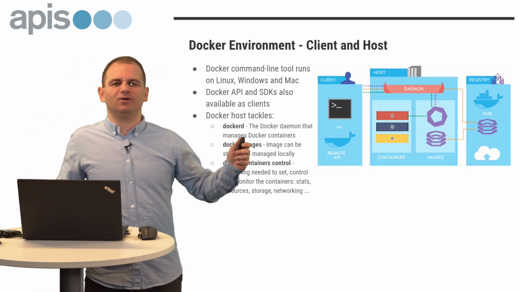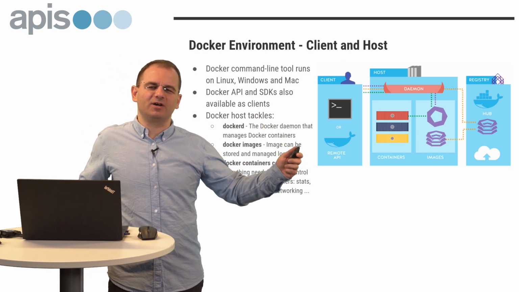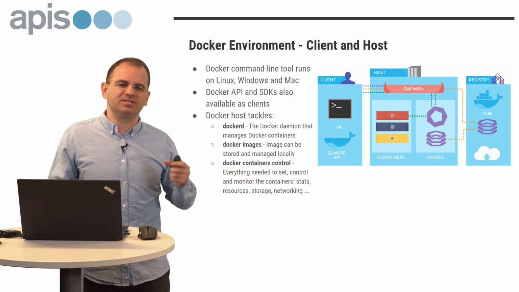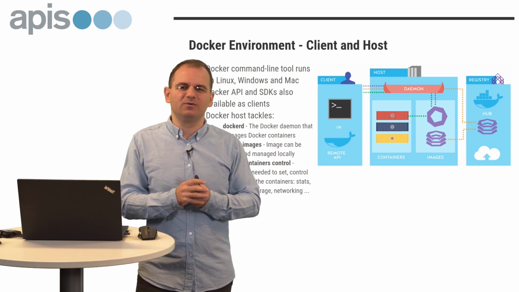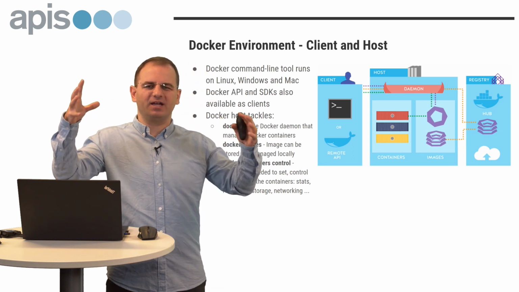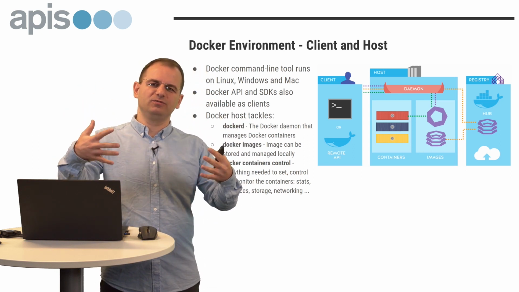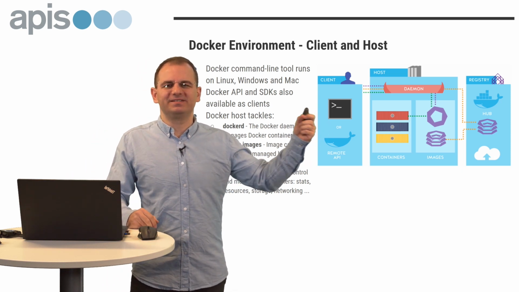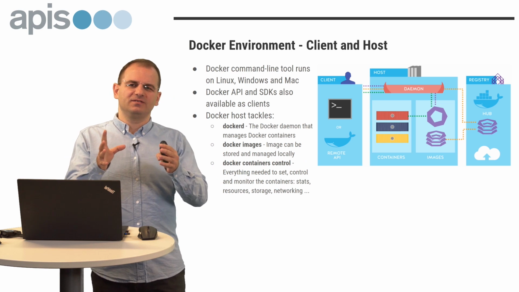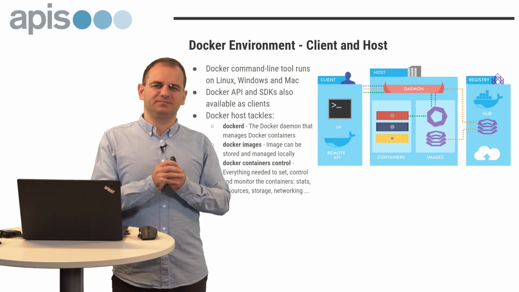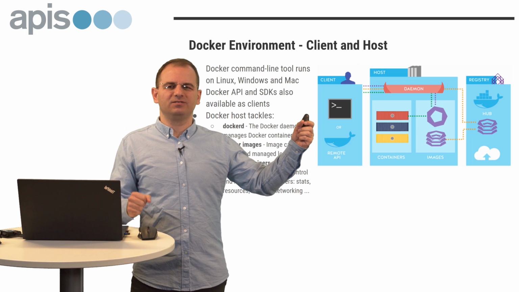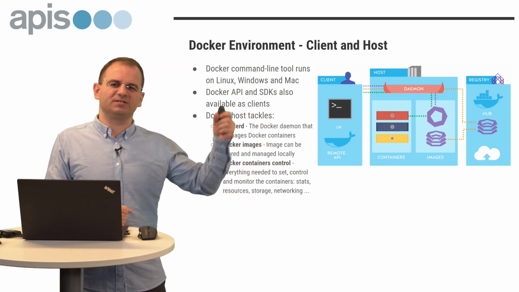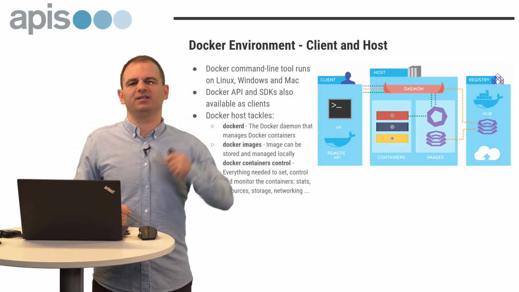A quick overview of what a Docker environment looks like. This is not really how everything operates, but just a high-level overview of what you are encountering when you're working with Docker. So Docker itself is just a command line tool. It has two components, a host component and a client component.